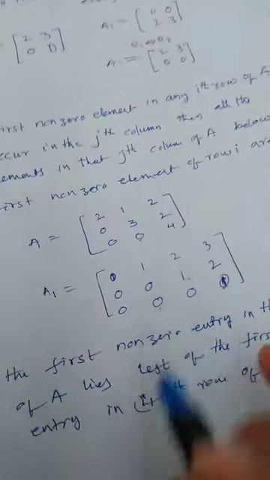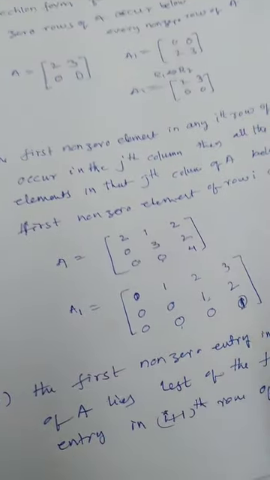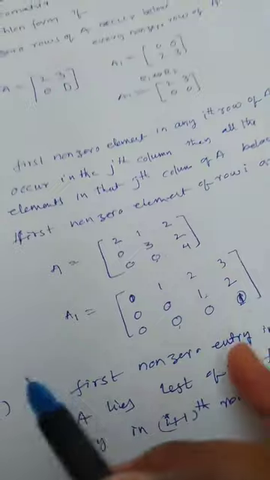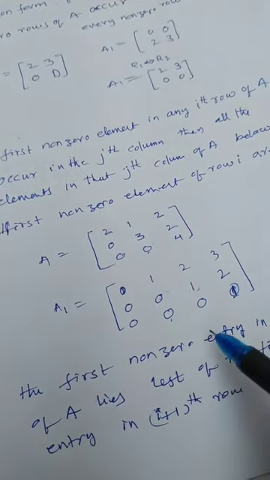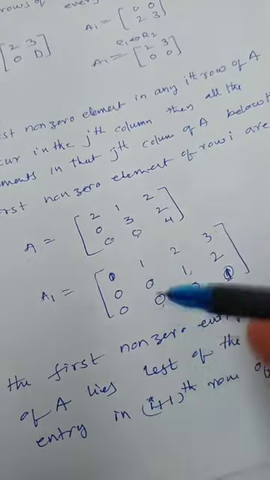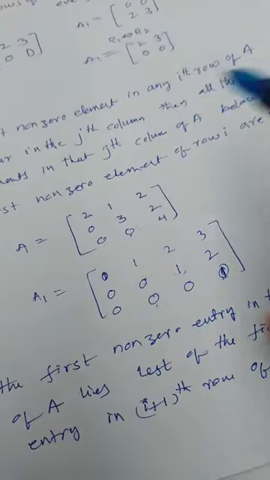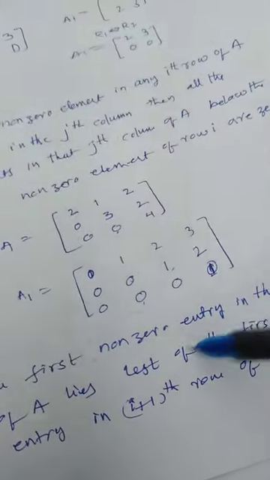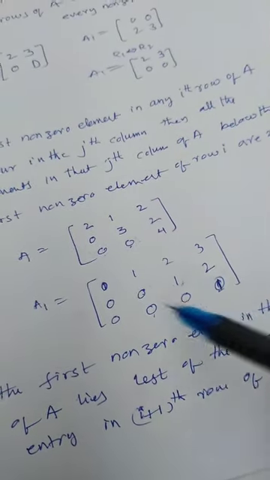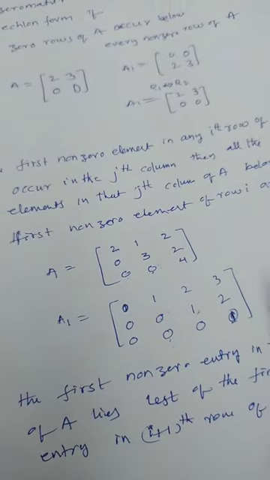So a matrix is said to be in echelon form if it satisfies the first condition. What is the first condition? If any zero row exists in the matrix, it should lie below the matrix always. If it is in the first row, you have to use row operations, interchange the last row and the first row, and then send it below the matrix. Always zero rows lie below the matrix. And the second condition is what?